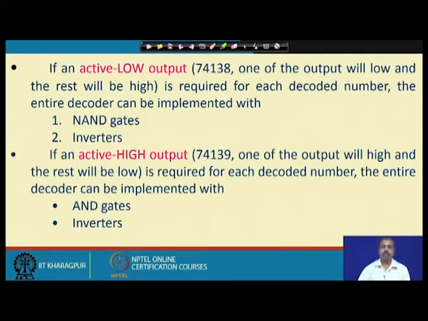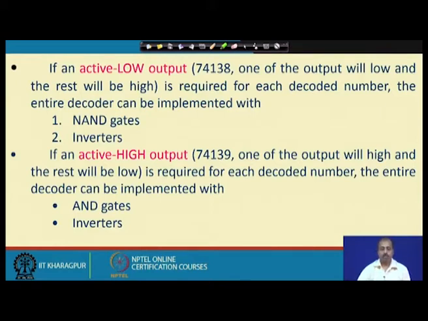There are IC chips that have been designed for both categories. 74138 is an IC chip which is a decoder with active low output, and 74139 is again a decoder, but it has active high output.